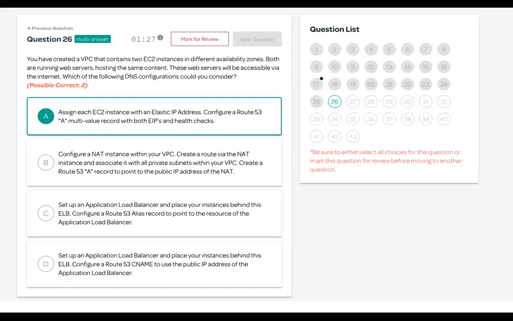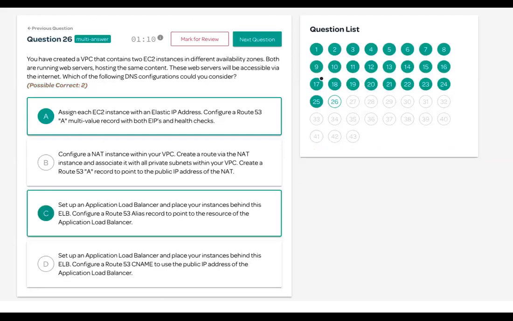Configure a NAT instance within your VPC. This is not even required, a NAT instance. Set up an application load balancer and place your instances behind this ELB. Configure the Route 53 alias record to point to the application load balancer resource. Yes, this is good because Route 53 allows the alias for the AWS resources directly.